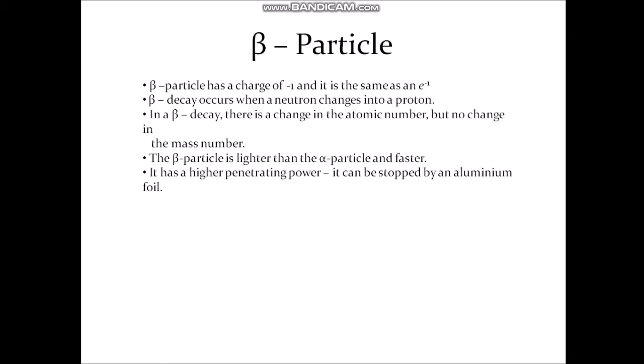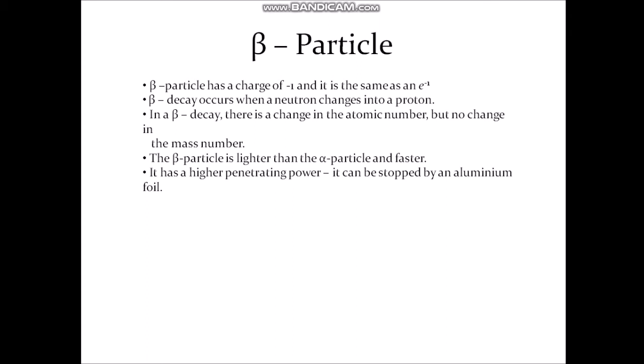Okay, suppose you have an atom, say hydrogen, with one neutron. So this hydrogen has one proton and one neutron. When it undergoes a beta decay, the neutron in the atom is converted into a proton.